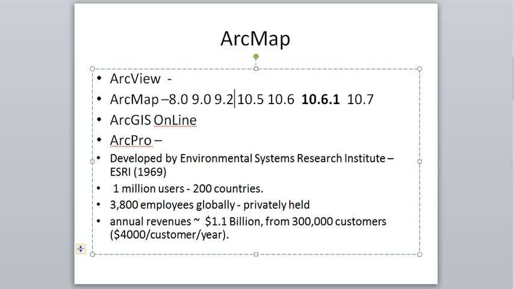And each time you have a major jump, the software has a major update. So from 8 to 9 was a major change. From 9 to 9.2 was not a major change. But when the change went from ArcView to ArcMap, it was like a whole animal.